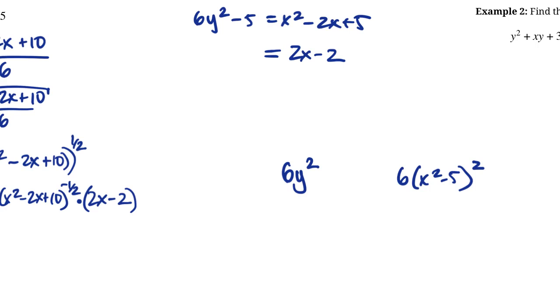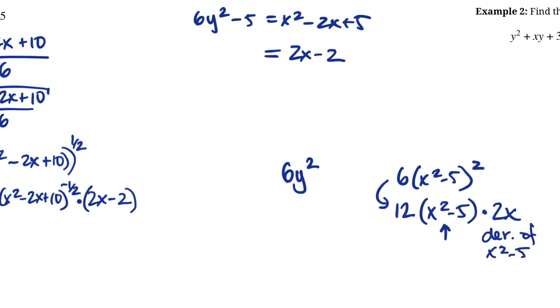We multiply 2 by 6 to get 12, and then we leave this part the way it is, and then we multiply by the derivative of what's on the inside, which in this case would be 2x. So essentially we brought down that 2, we left the thing inside the brackets by itself, and then we multiplied by the derivative of x squared minus 5.